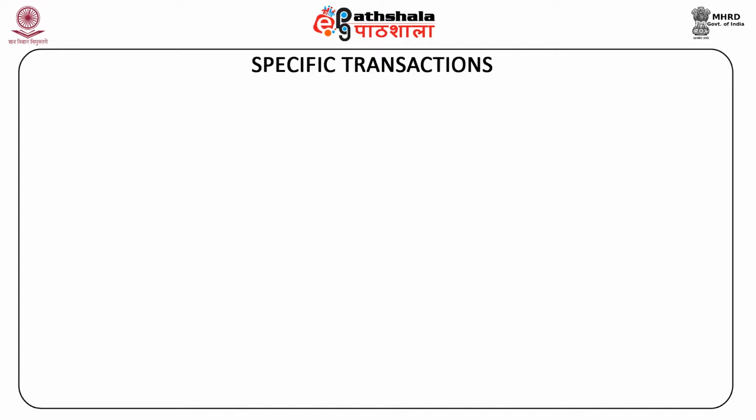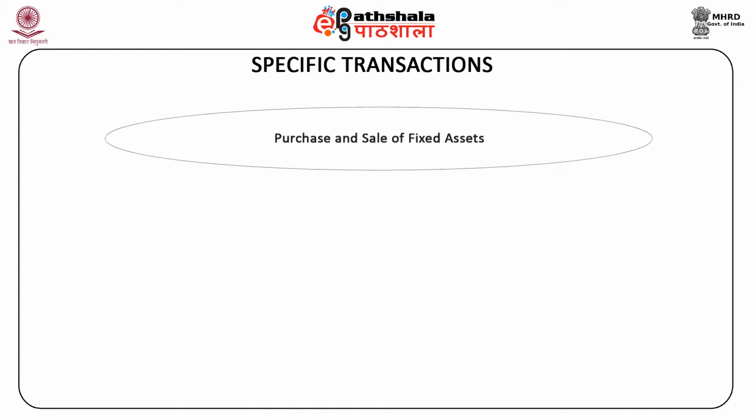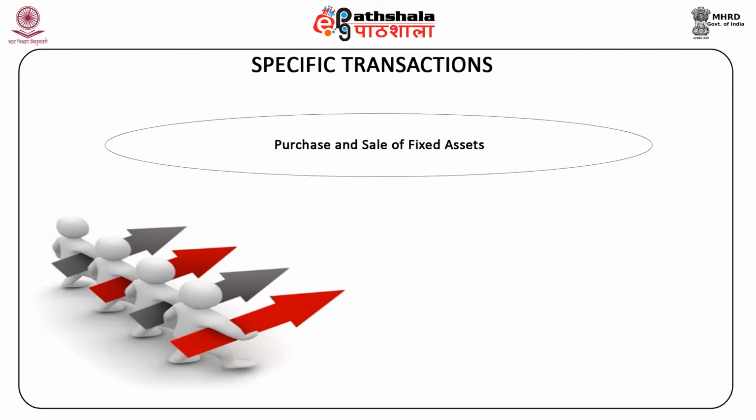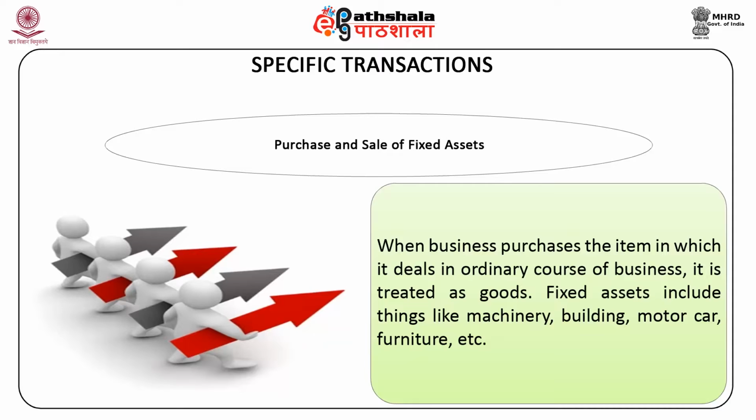Now, another special transaction is purchase and sale of fixed assets. When a business purchases an item in which it deals in the ordinary course of business, it is treated as goods. Fixed assets include things like machinery, building, motor car, furniture, etc. When a fixed asset is purchased, the asset account is debited individually.